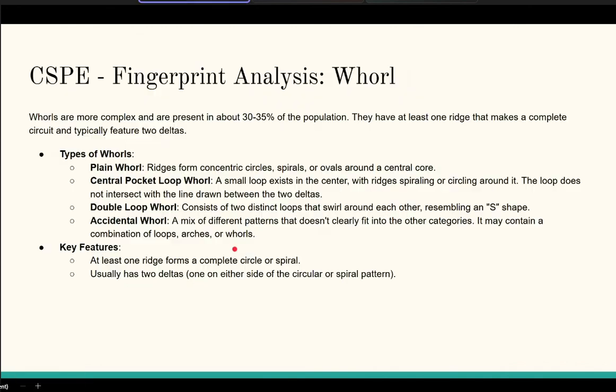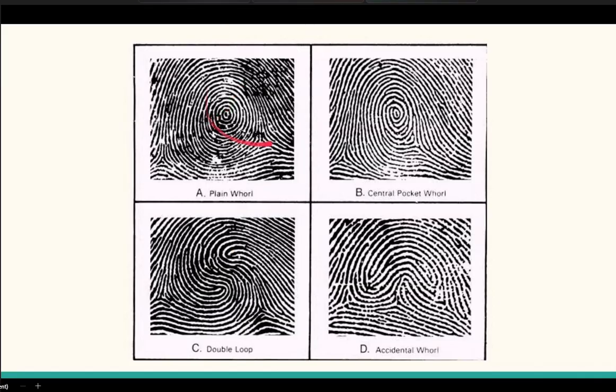And then there's at least one ridge that forms a complete circle or spiral, which this is, a complete circle, essentially a complete spiral. This is also essentially complete, and this one is accidental, so it doesn't have to follow the same rules as the other ones, but it sort of completes a circle.